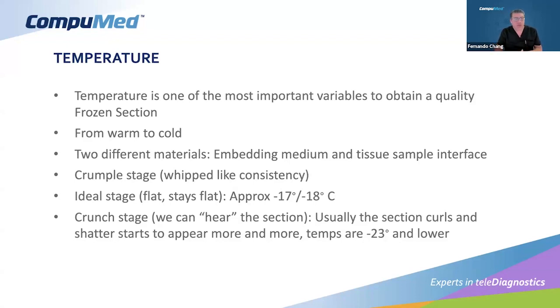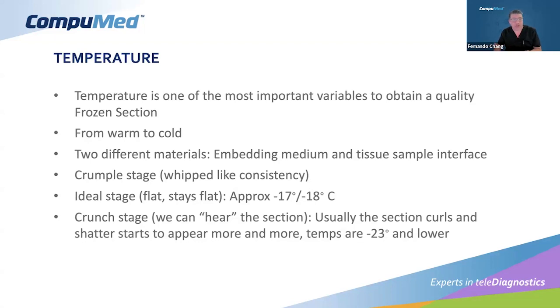Now we're gonna go to the crunch stage. This is something that I call the crunch stage because you can actually hear how the section is coming and how the ice crystal formation starts meeting the blade. Basically, you start having this crunch sound coming from the block, and if it's too cold, you can even see it shatter right out of the block.